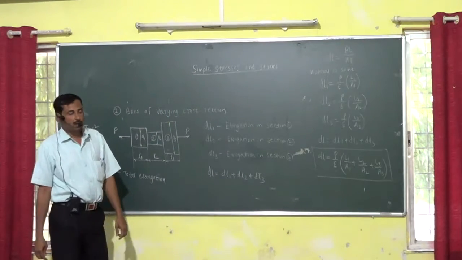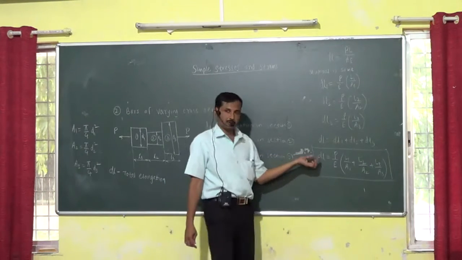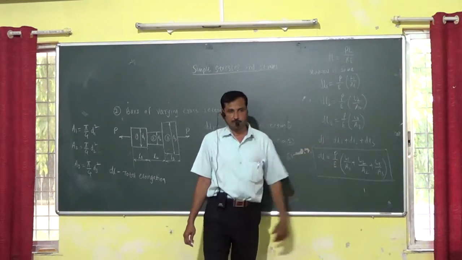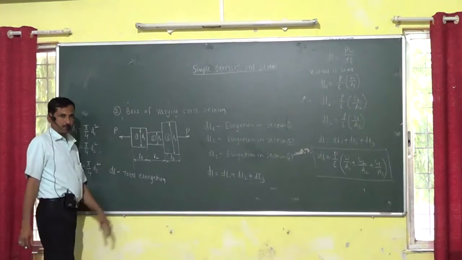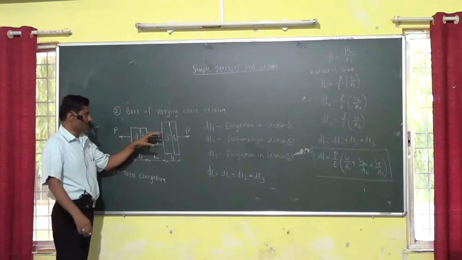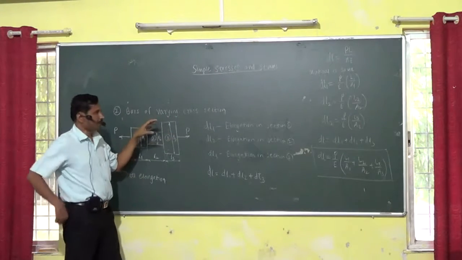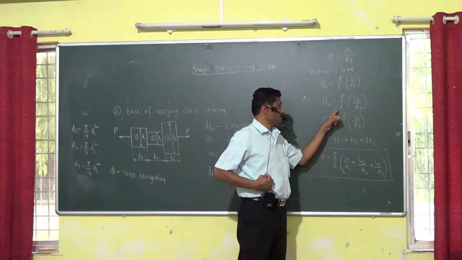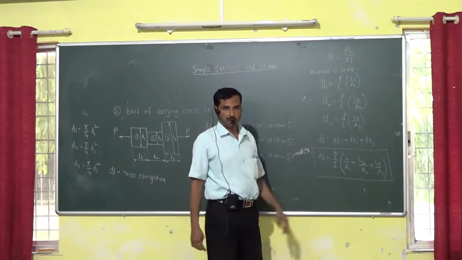Now suppose the case is different, and different materials are used for section 1, section 2 and section 3. Then Young's modulus will not be the same. In that case Young's modulus will be E1, E2 and E3, but the force will remain as it is.